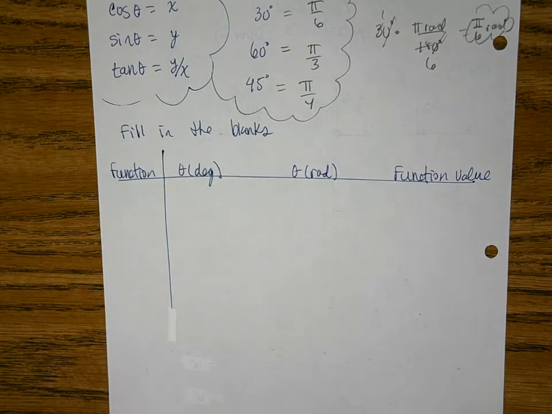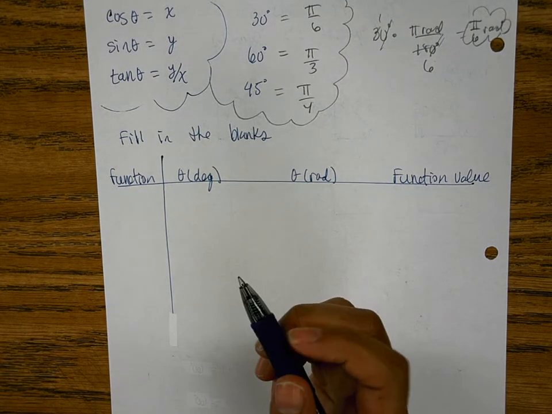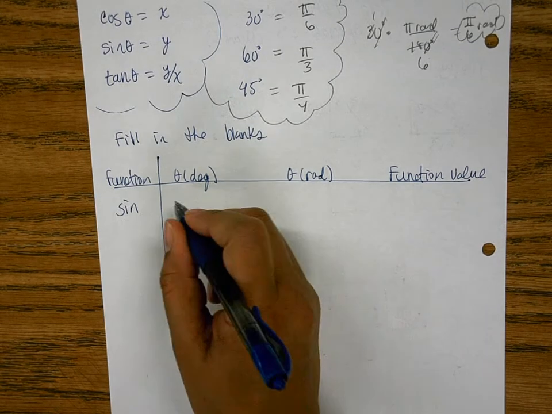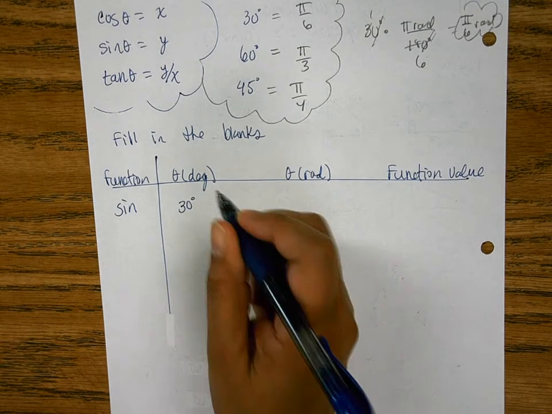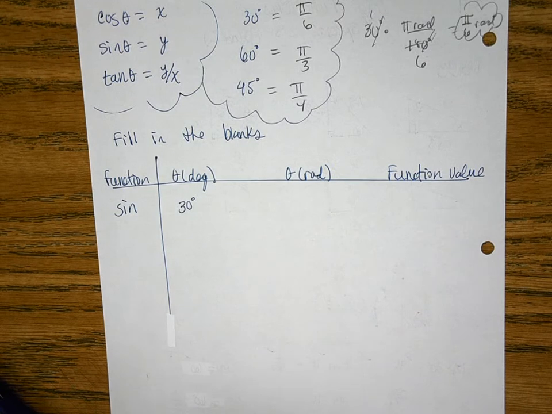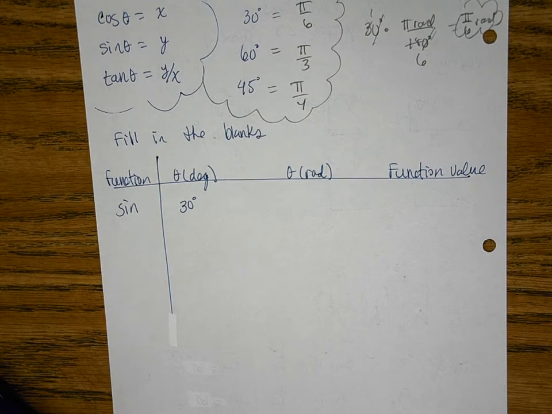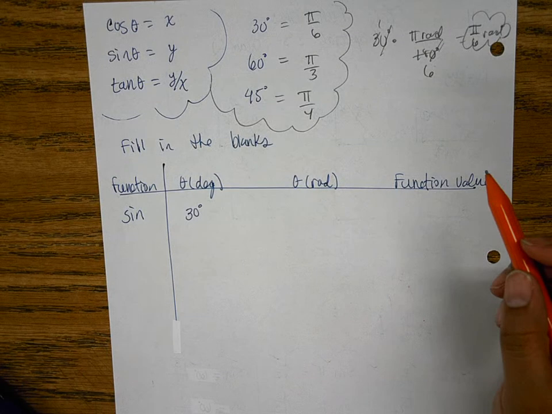All right. First one I'm going to give you is sine for the function, 30 degrees, 30 for the degrees, and we want to find the radian value and the function value.